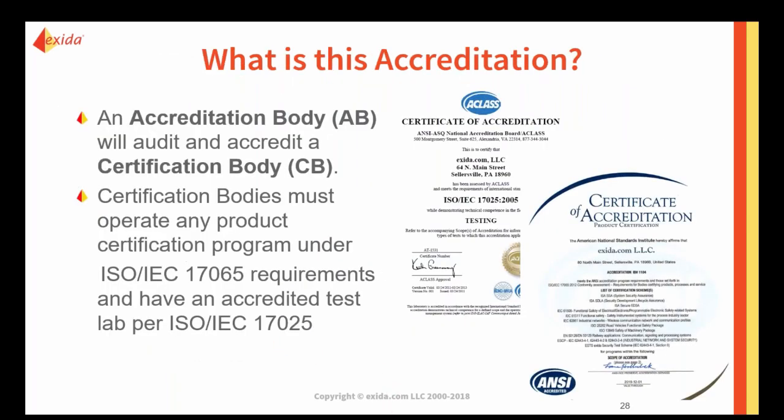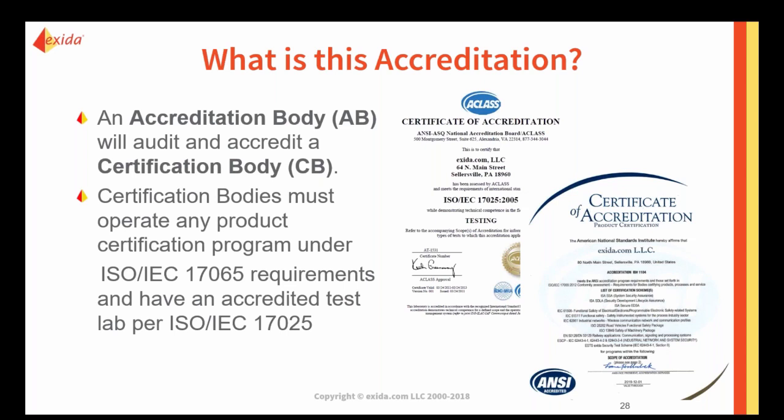If you saw the word accreditation on the last slide, that can also raise a question: what does it mean to be accredited? Essentially, it's when an accreditation body audits and accredits a certification body. It's how you know that you're not just getting a certification to any requirements.